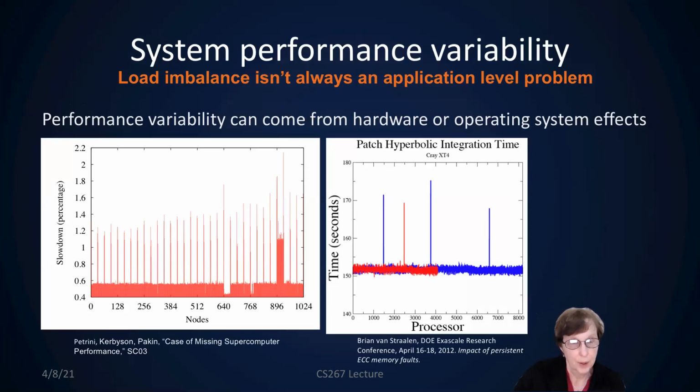On the left-hand side is a best paper award paper from Supercomputing in 2003 called The Case of the Missing Supercomputer Performance. It was looking at a code that they thought was running fairly well, except that it turned out that there was some reason that it wasn't giving the absolute performance that they were expecting. And when they looked at it across all the nodes, and this gives you a good idea why you don't want to average, the x-axis here is nodes, there are these spikes in the running time.